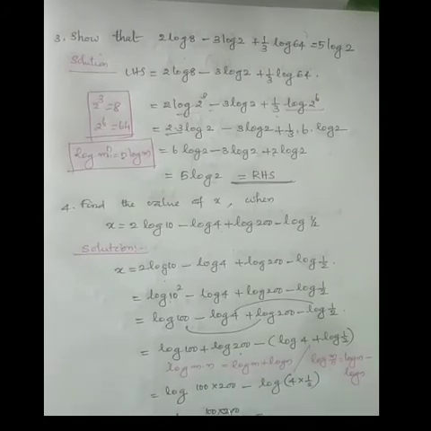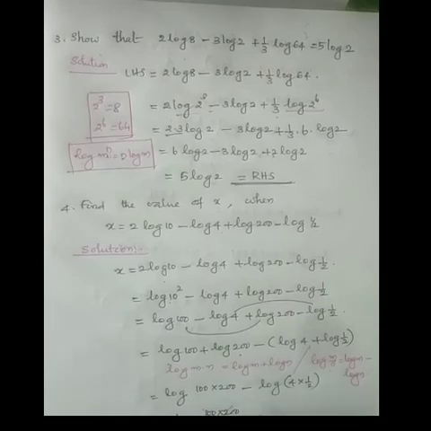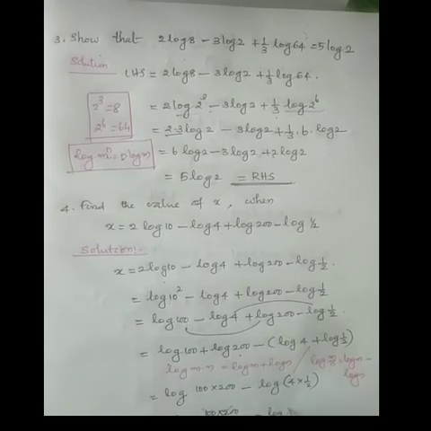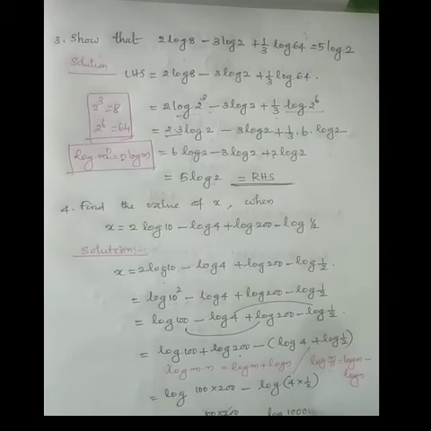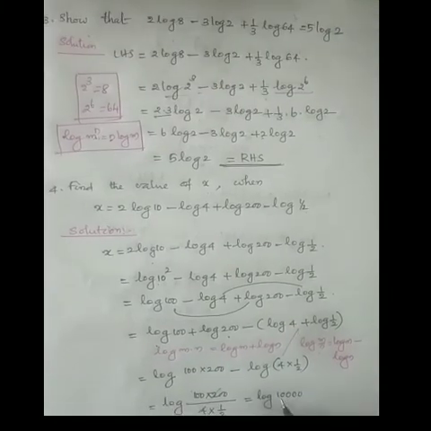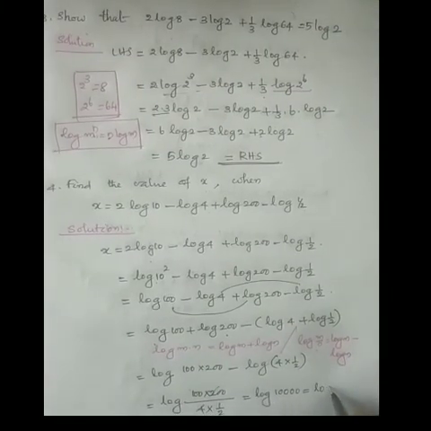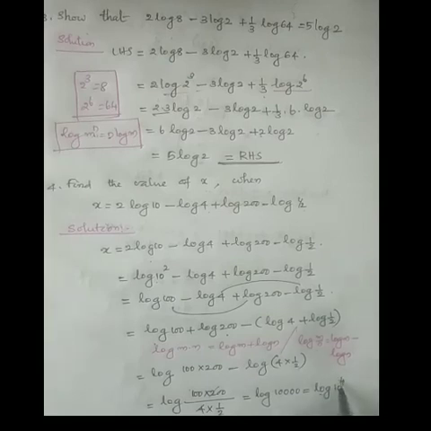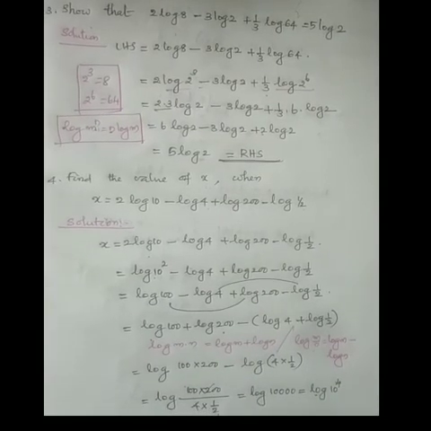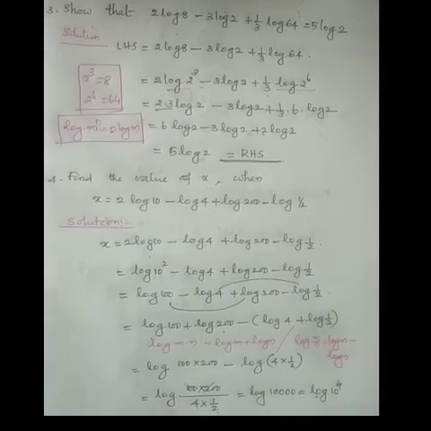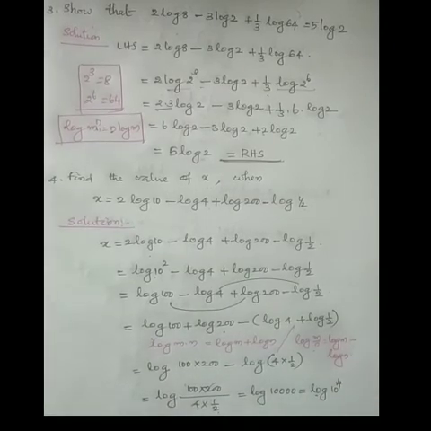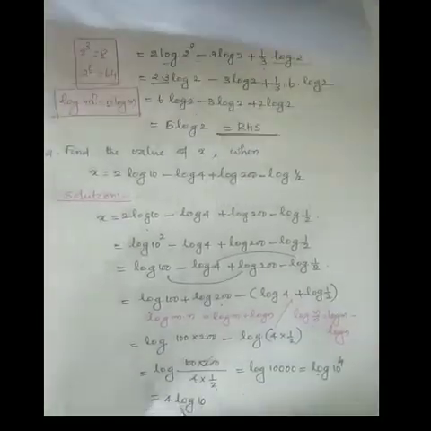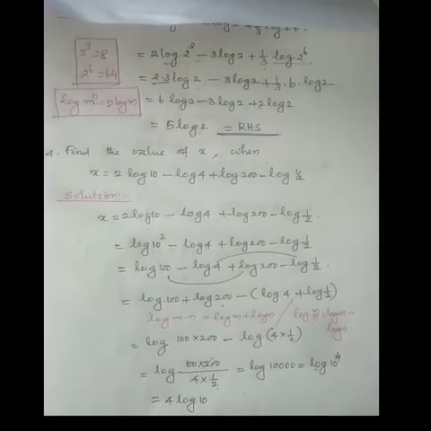The 2 and 2 cancel and the remaining is log of 10000. That's equal to log 10 raised to 4, which is 4 log 10.